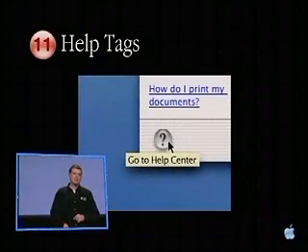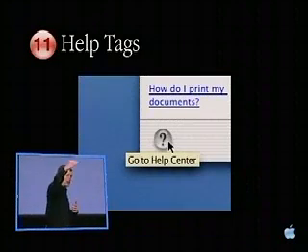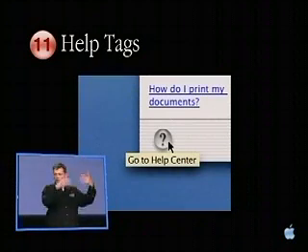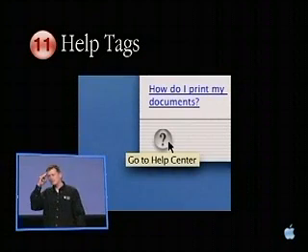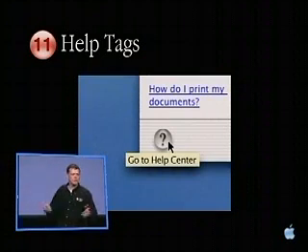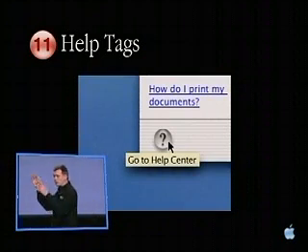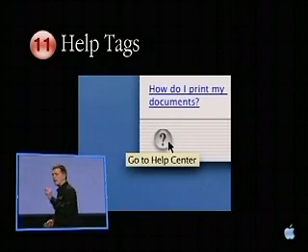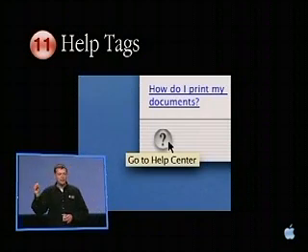Help tags. Help tags is the next level of user assistance on macOS 10. HTML help is really just delivery of content, right? It's sort of like I need to read about making a movie or whatever it is that you do. And so the user goes off and reads the HTML document and looks at some interactive stuff and hears some sound clips or whatever it is. But help tags are all about letting the user move around the screen and say, let's see, what's this?